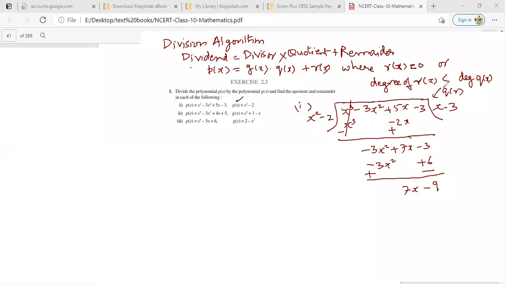Yes. So actually R is greater than or equal to 0 and less than the degree of the divisor.